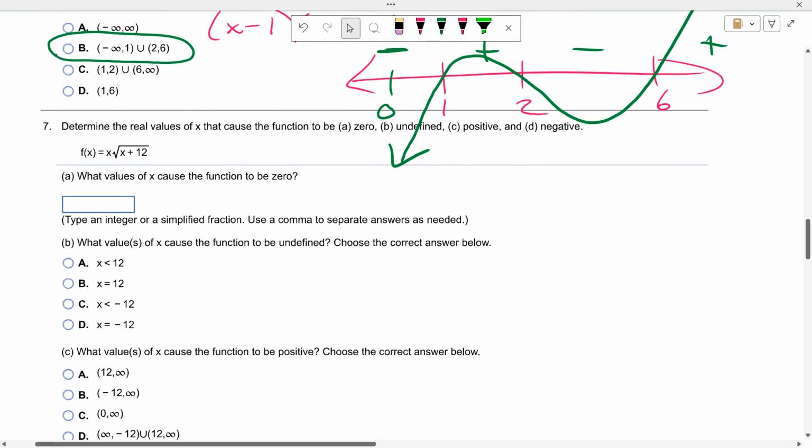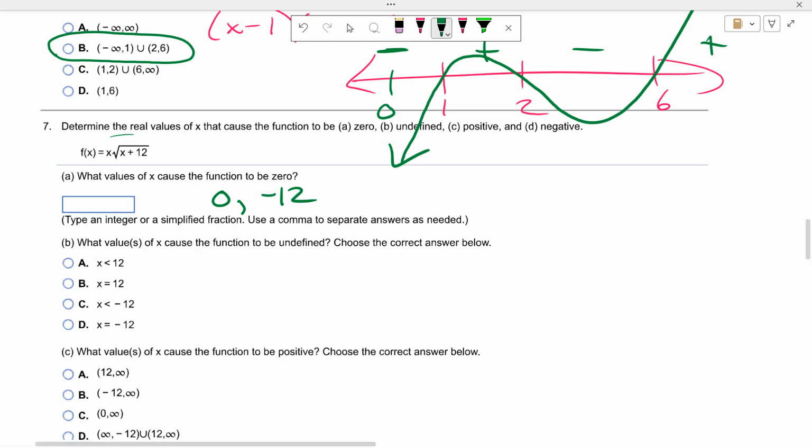Number 7 is an interesting one. What numbers would cause this to be 0? There's 2 different numbers that would cause that to be 0. What are they? 0 and negative 12. Okay?